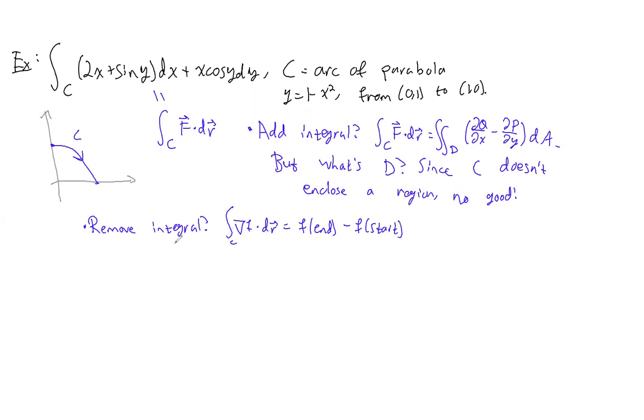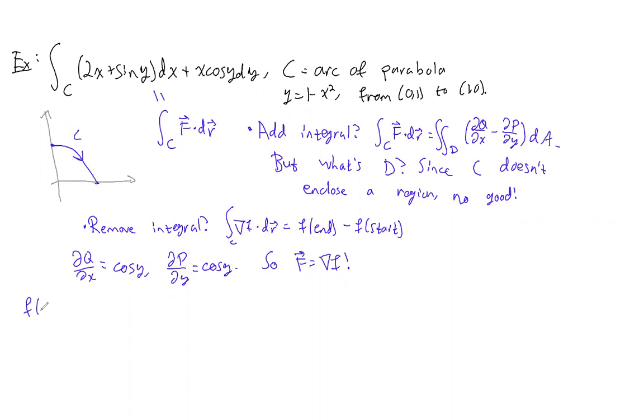And yes, you might be able to do that, because del Q del x is cosine y, and del P del y is cosine y. So that's good. That means that our vector field is in fact conservative. So let's try it out and see if we can actually do that.